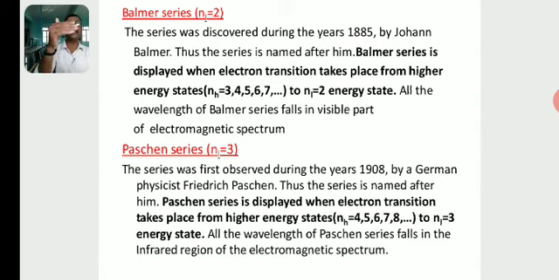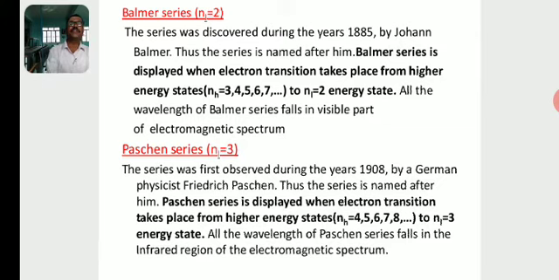If the electron transits from fifth orbit to second orbit, then the spectral line obtained is known as H gamma line. If the electron transits from sixth orbit to second orbit, the spectral line obtained is known as H delta line. H alpha, H beta, H gamma, H delta lines.